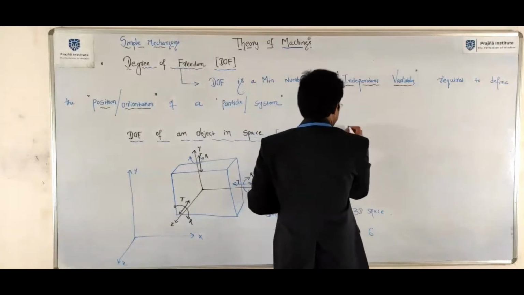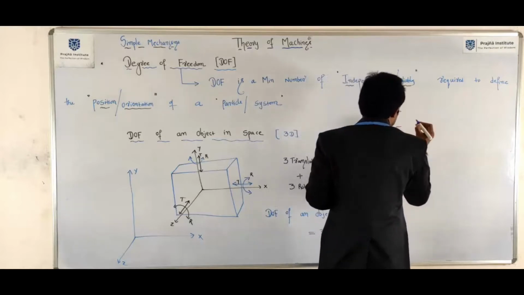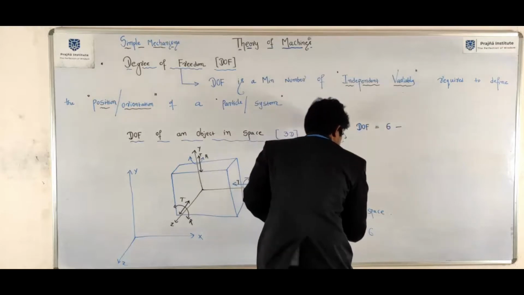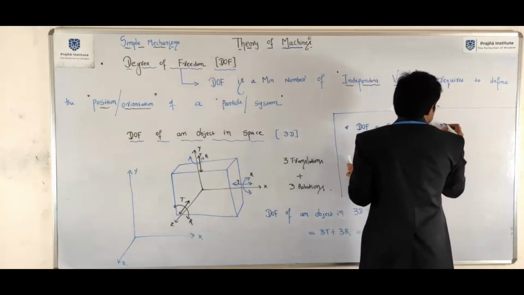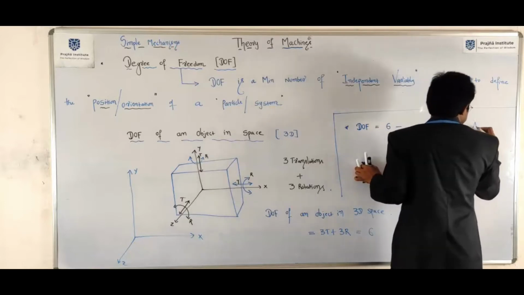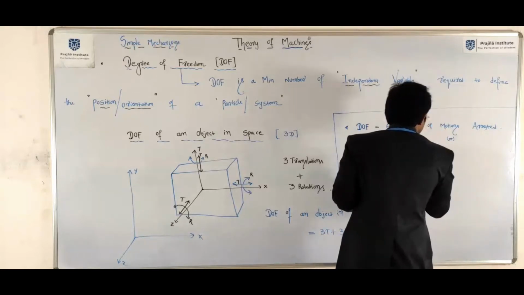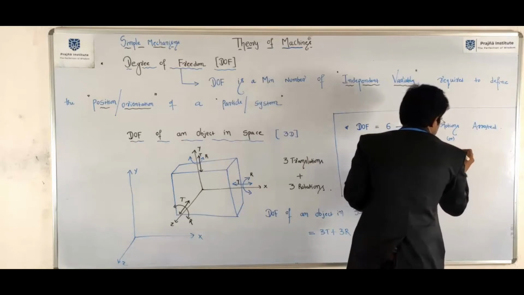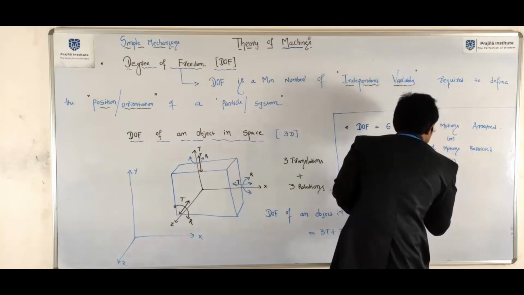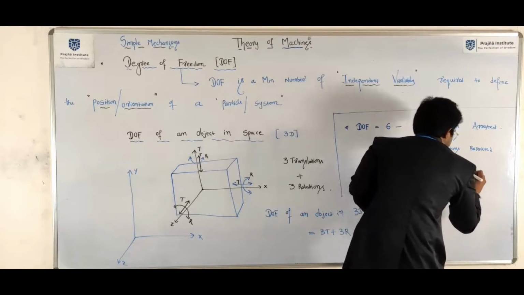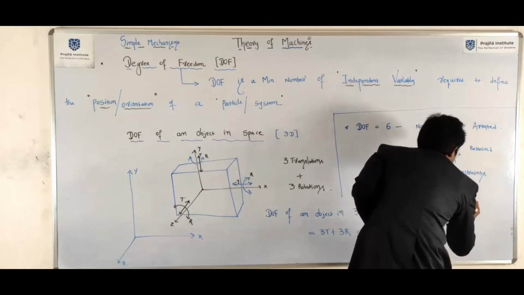Now we can define degree of freedom equal to 6 minus the number of motions arrested, or the number of motions restricted, or the number of constraints, or the number of restraints.